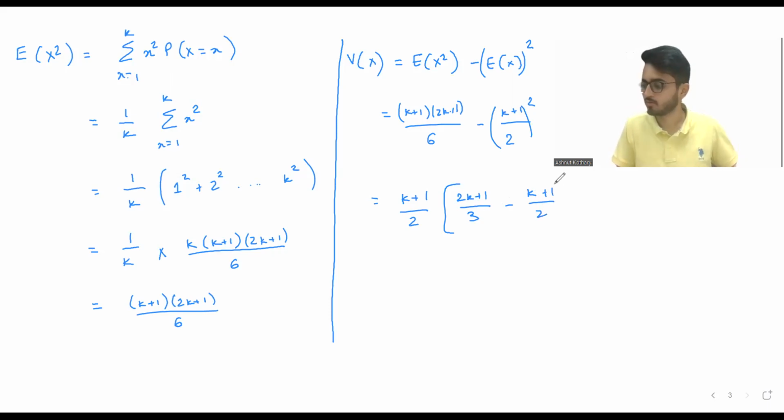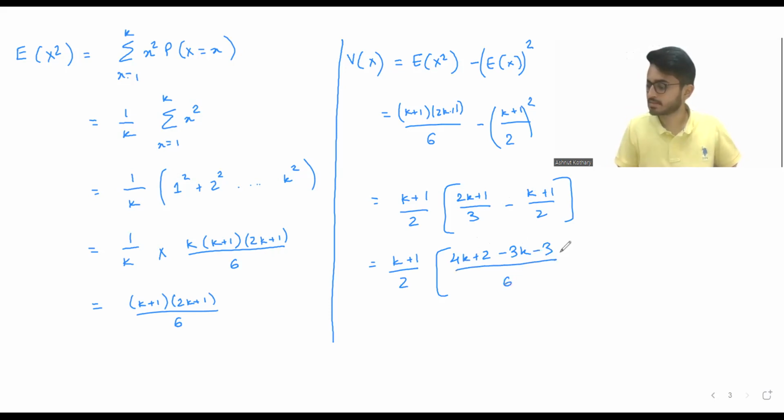(k plus 1) by 2. This will be (k plus 1) by 2. Here this becomes (4k plus 2 minus 3k minus 3) by 6.